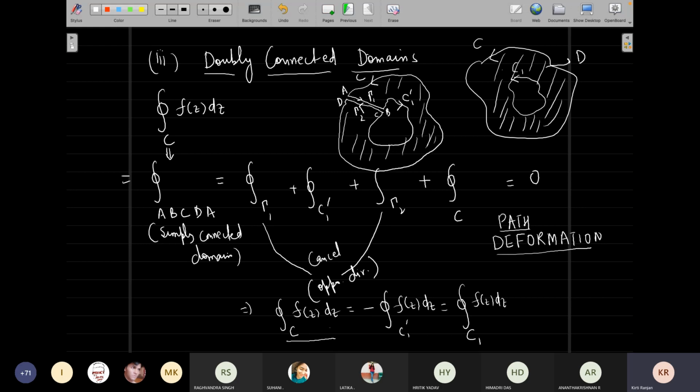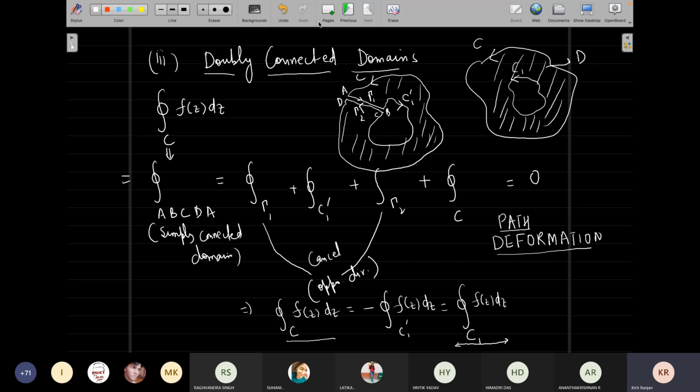Any arbitrary contour which is given to us, C, which is the outer one. If this function is analytic throughout from C to C1, then I do not need to worry about how complicated my C is. I can always build my C1 such that I can evaluate f(z) dz over C1.